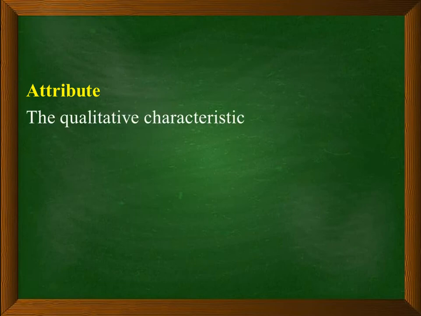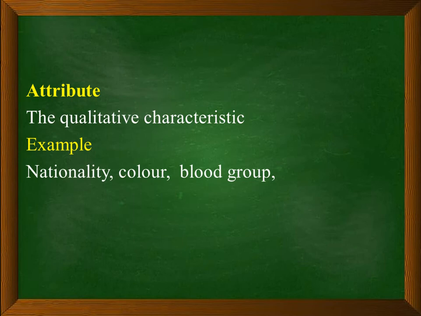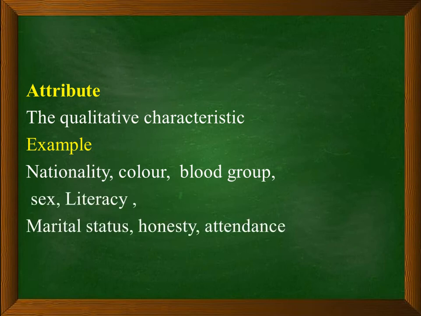The qualitative characteristic of the individual is called as attribute. Example: nationality, color, blood group, sex, literacy, marital status, honesty, attendance are the examples of attribute.